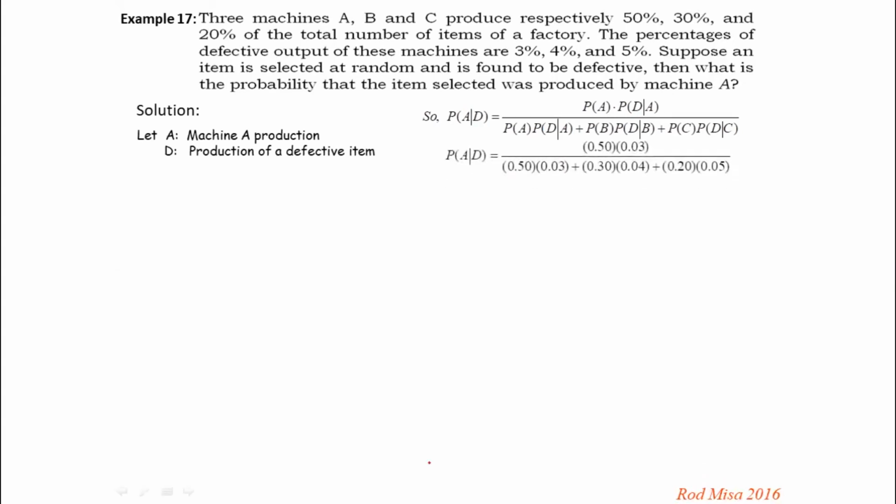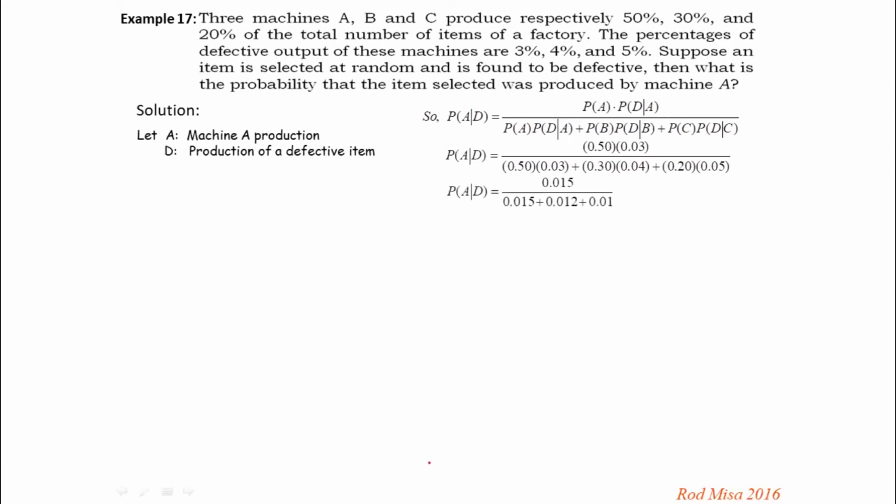So solving for the numerator, we know that the probability of the production of machine A is 50%, and the probability that it is a defective item, given that it was produced by machine A, is 3%, all over the total probability, which we have solved already from example 15 in the previous slides.